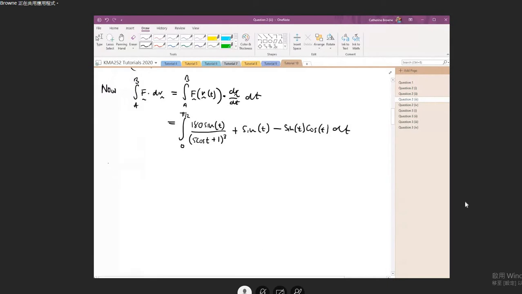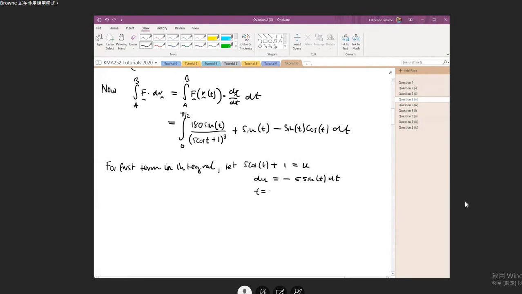So for the first term in the integral, I let 5 cos t plus 1 equal to u. Then I get du is equal to minus 5 sine t dt.